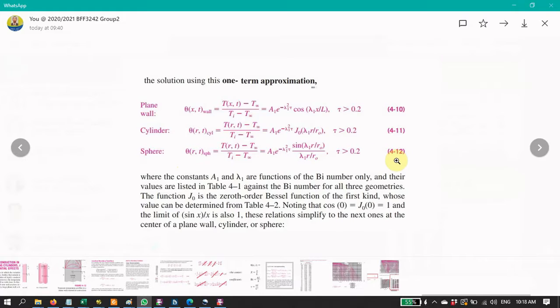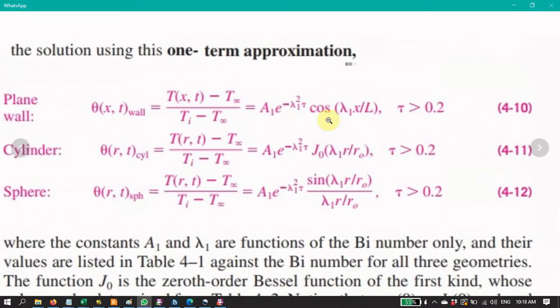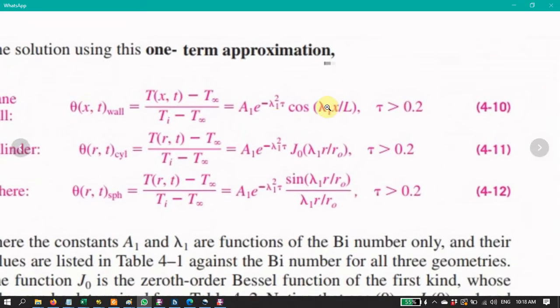And you have this constant. The constant is just a constant, and lambda is another constant because lambda is actually a solution of this equation, right? And you can see the subscript 1 there. So 1 refers to the first term inside the infinite series.